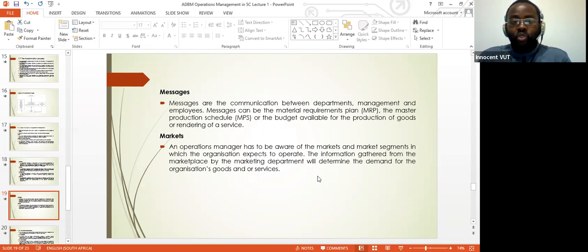So it is important to know the market segments and the markets in which the organization expects to operate, because that is where the goods or services will be bought. If the organization doesn't know its customers or the market segments in which to serve, then it won't be able to sell its products or services. Okay, so these are the 8 M's that we have under inputs.